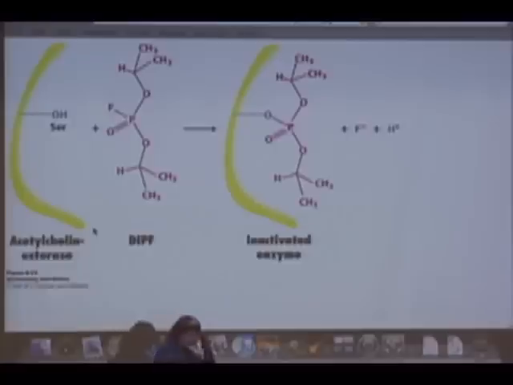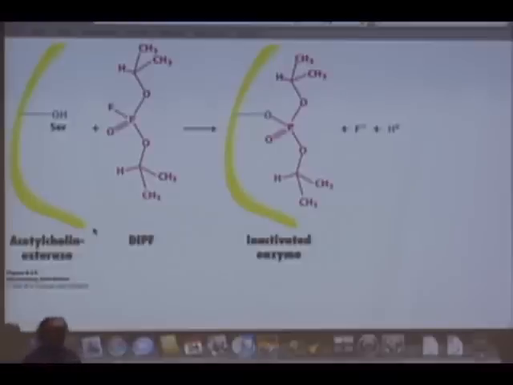I'm going to show you in a second an example of where the enzyme actually binds to an inhibitor that then covalently binds to the enzyme. And that type of inhibition has a name, and I'm going to show it to you. Questions on this before I go to that, though? Okay, so DIPF, a very general type of inhibitor specific for serines.